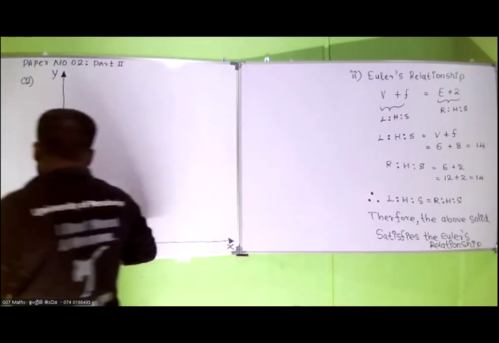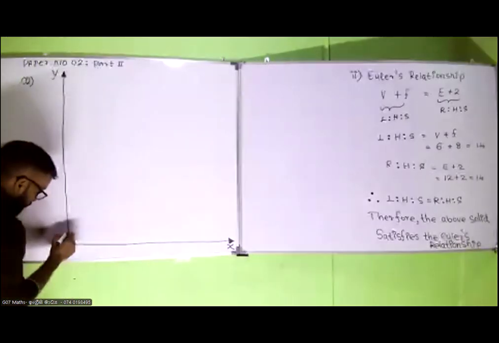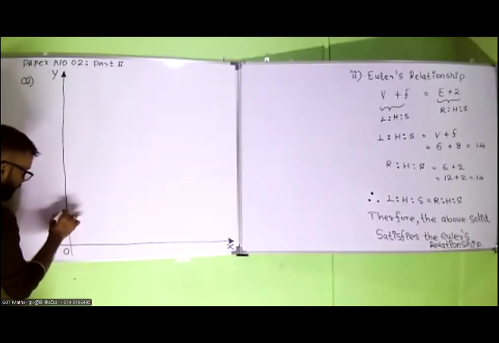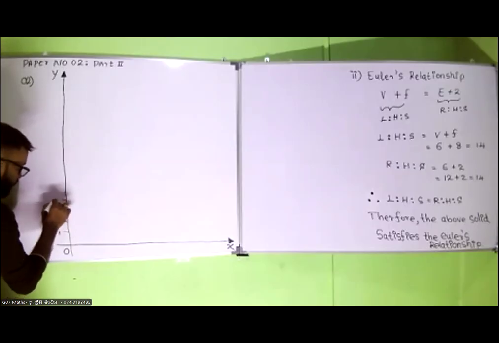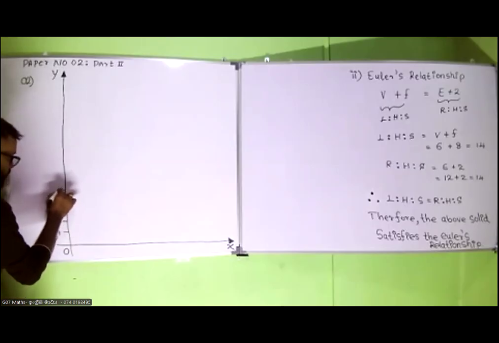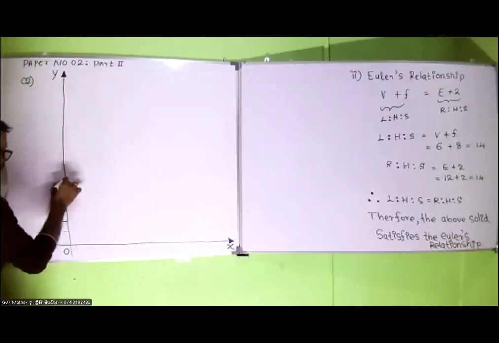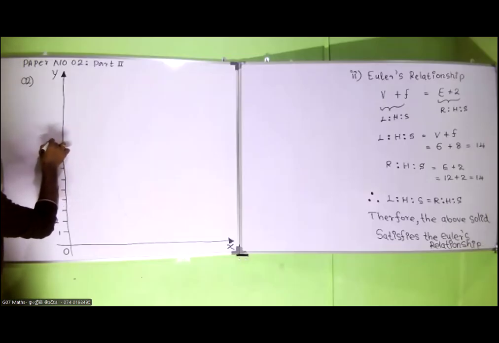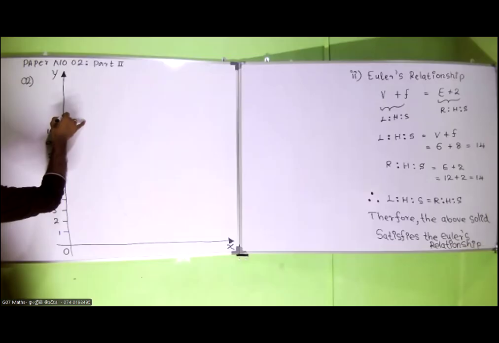So I will do that now. 1, 2, 3, 4, 5, 6, 7, 8, 9, 10. Normally, if we have 10, as a best practice, we are going to mark 11 as well.